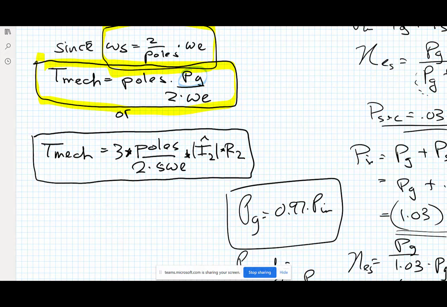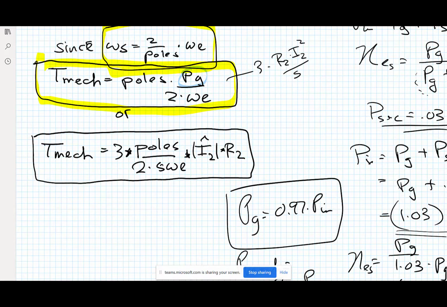But I'll tell you one thing, I never forgot the expression for gap power. And it was 3 times the rotor resistance times the rotor current magnitude squared divided by the slip. So I never ever forgot that.